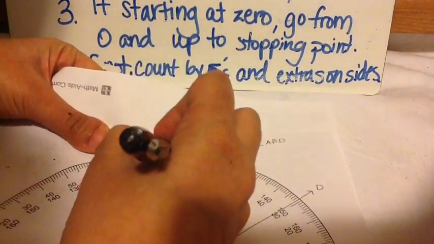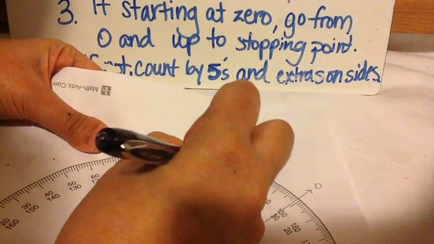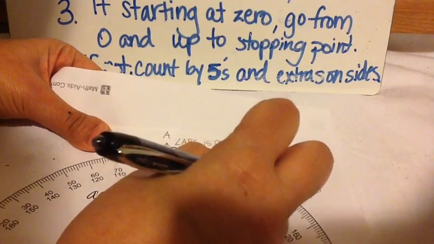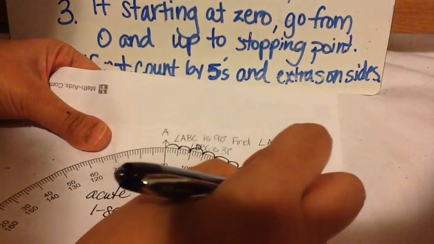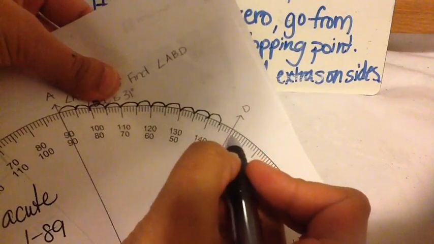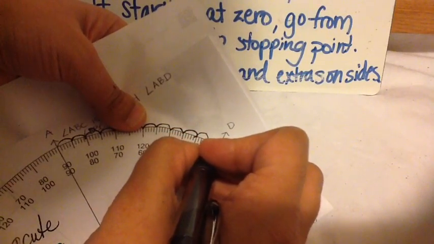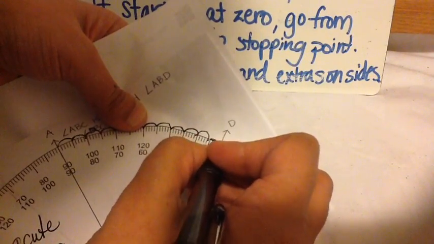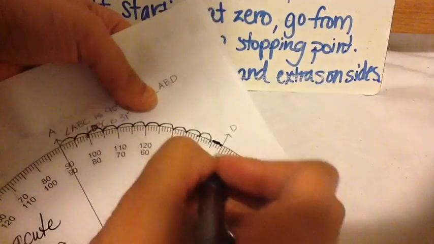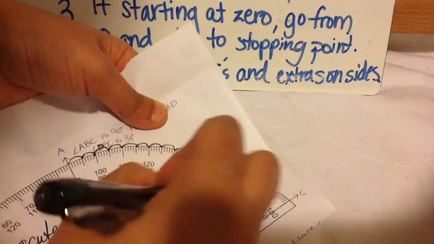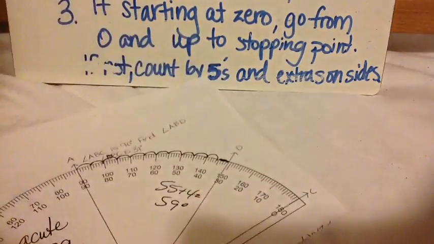So 5, 10, 15, 20, 25, 30, 35, 40, 45, 50, 55. I'm not going to do this one to this one because this is the next 5 and it doesn't go there. So 1, 2, 3, 4. So that was 55 plus 4 equals 59 degrees.